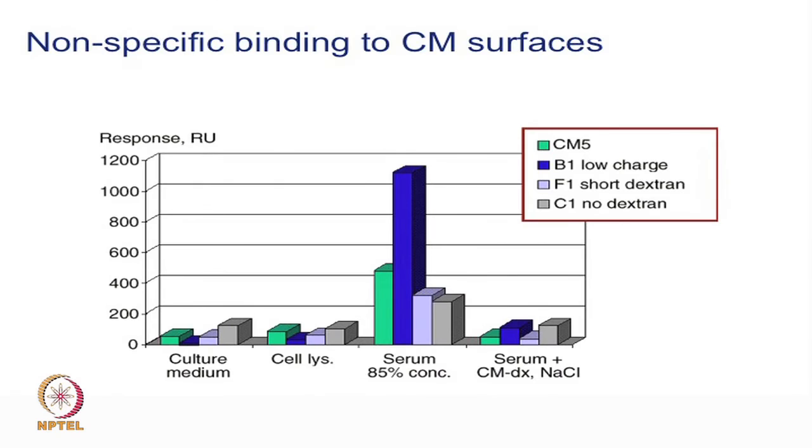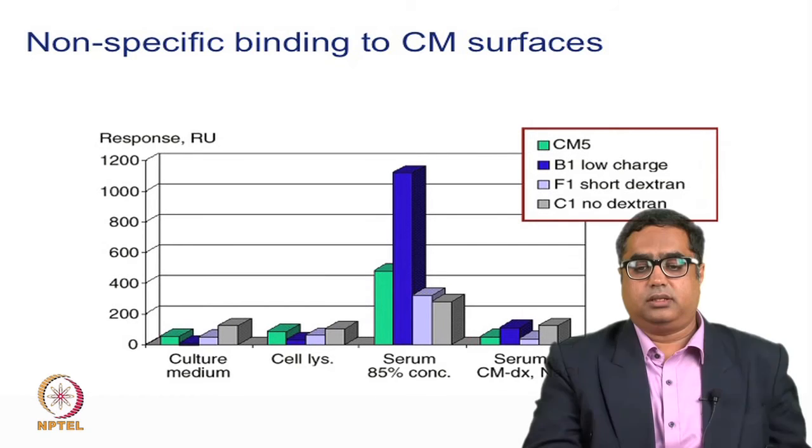The CM surfaces are very good with non-specific binding, which means they have very little non-specific binding when they are used with culture mediums, cell lysates, and serum in a diluted way and in an undiluted way.